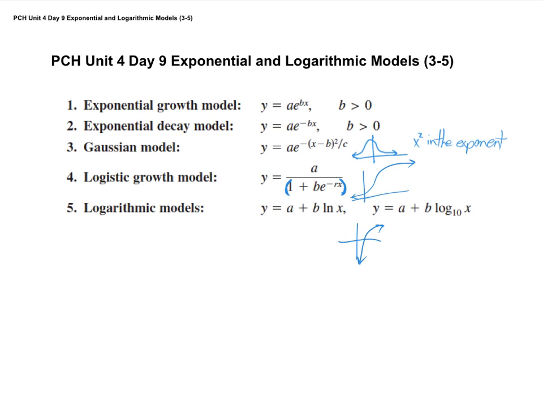First of all, the bell curve. Wait, can I just ask a question about the logistic growth model quickly? Can it be crossing the x-axis? If the entire thing were shifted up or down, yes. So it could go negative. Potentially, if you had like a minus 10 or something.